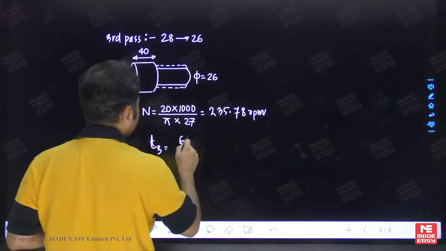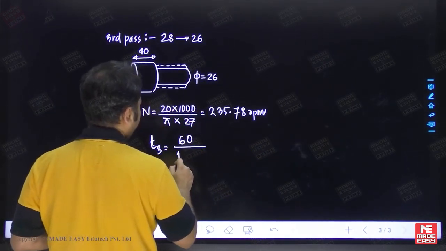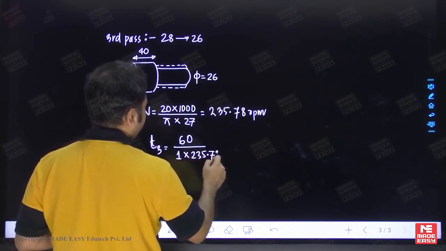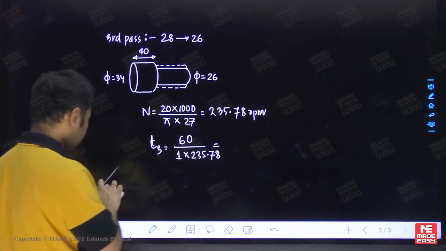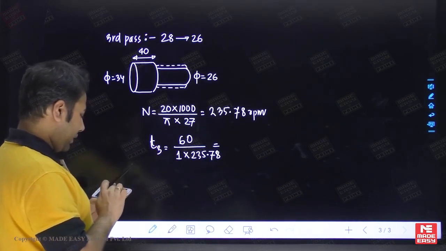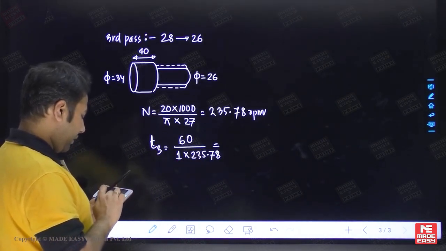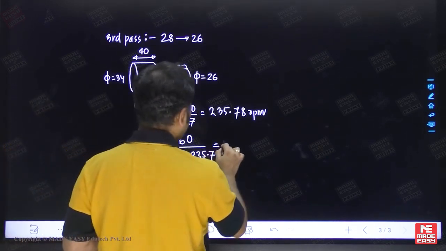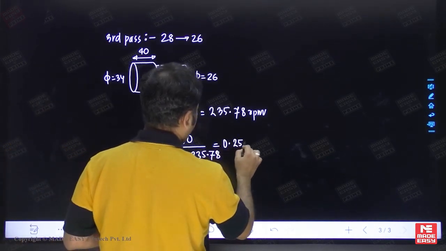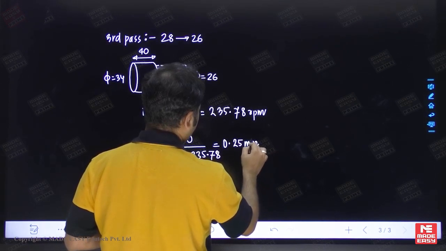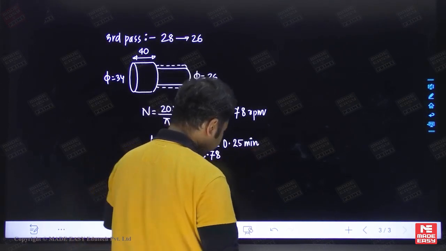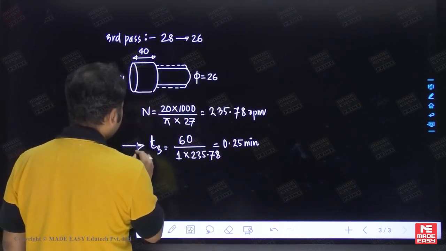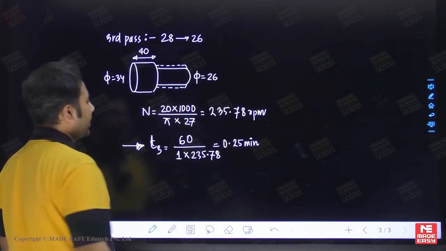T3, length remains as 60 mm, divided by feed is 1, 235.78 rpm. So 60 divided by 235.78 is equal to 0.25 minutes. So 0.25 minutes is the machining time.